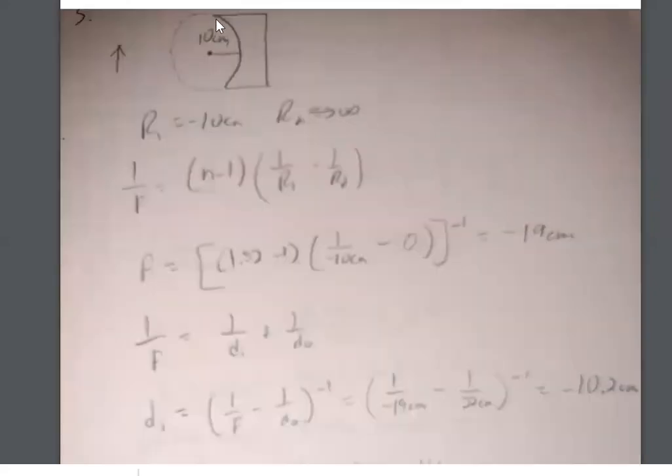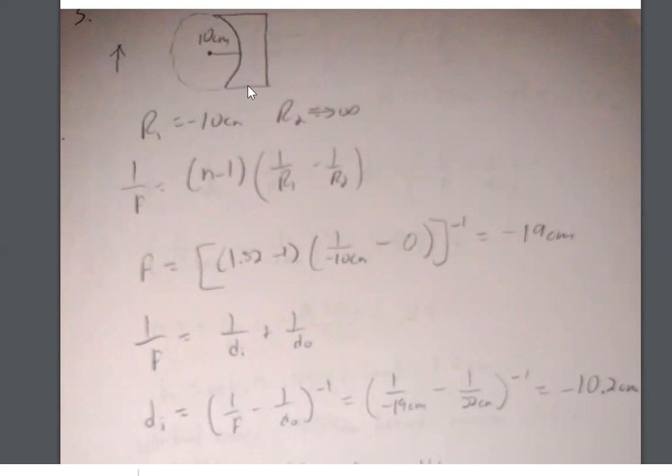All right, so we have a diverging lens, which means that one of our sides here is concave, and we said the other one was flat, okay? Now, it doesn't matter which way you orient the lens. You could orient it this way or vice versa, where the flat side was toward the object. It doesn't matter. But okay, we said that this side had a radius of 10 centimeters.